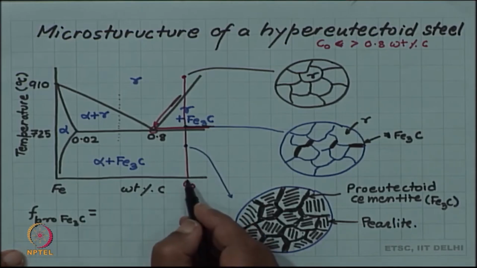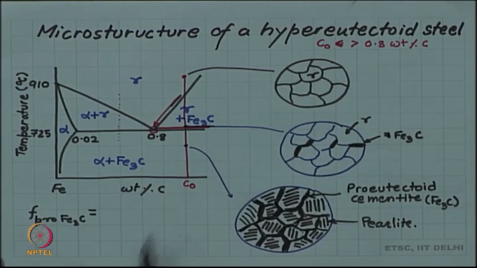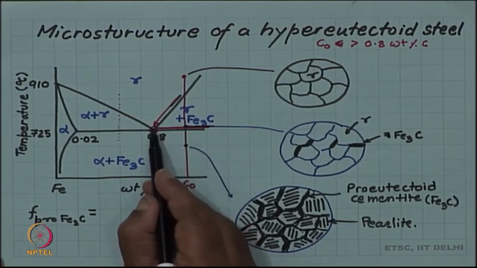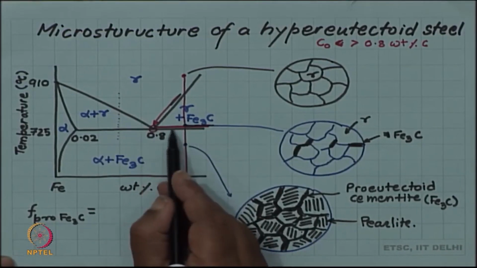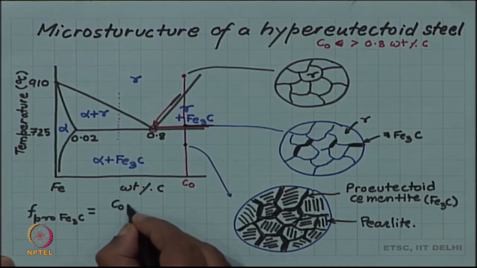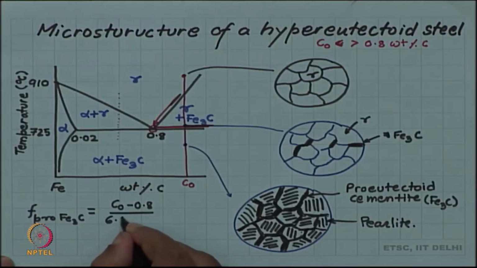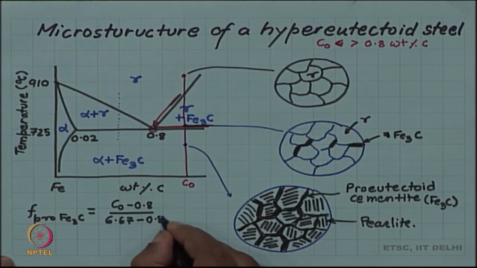So, if you have composition C naught, Fe3C is now on the right hand side of this diagram. So, the left arm is representing the Fe3C fraction. So, the Fe3C fraction will be C naught minus 0.8 divided by 6.67 minus 0.8.